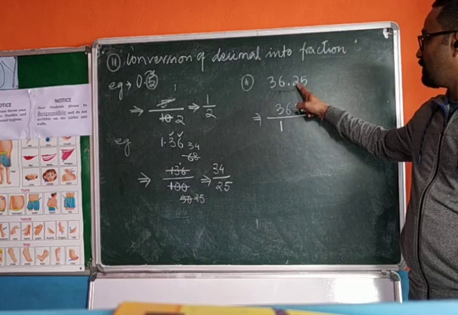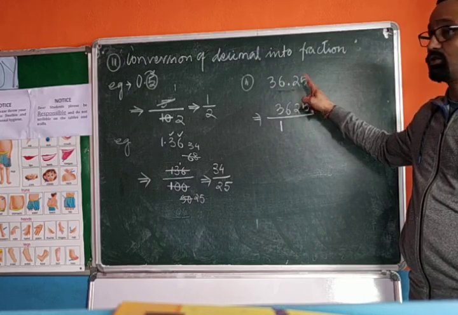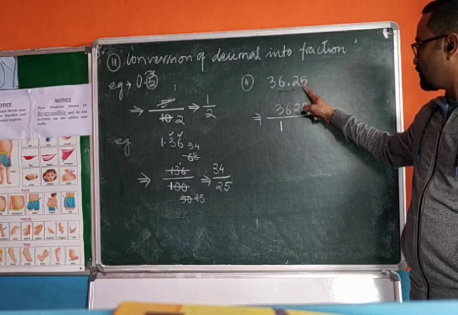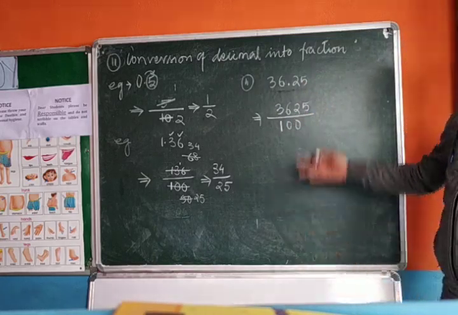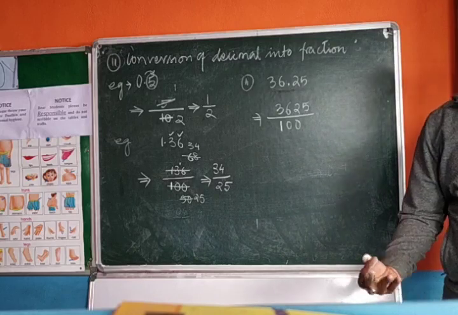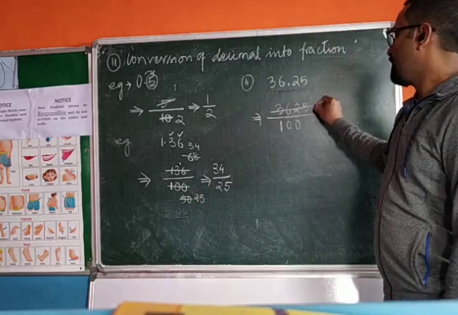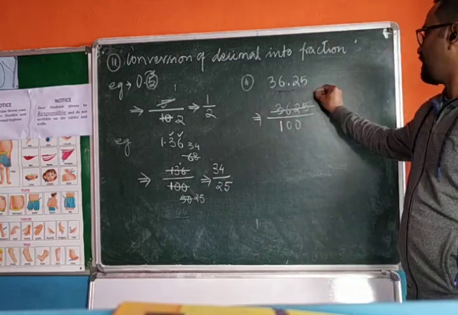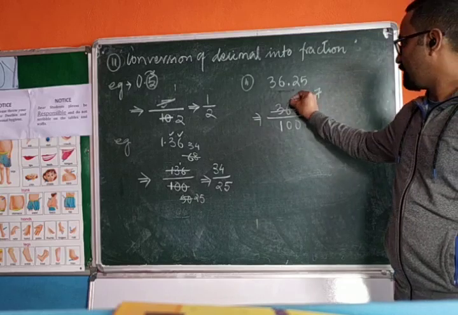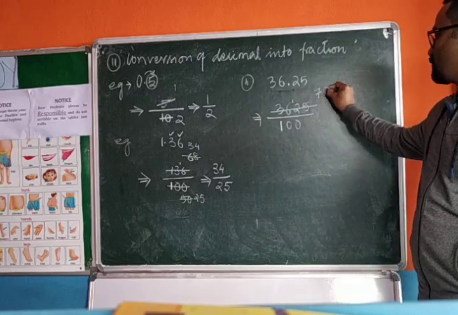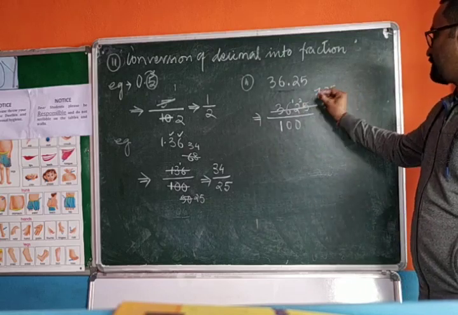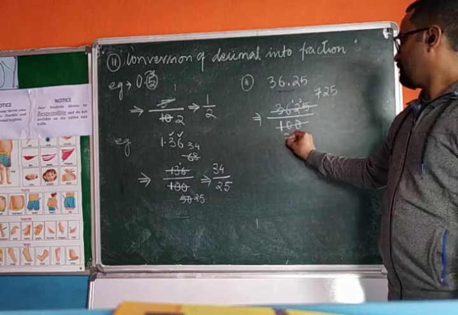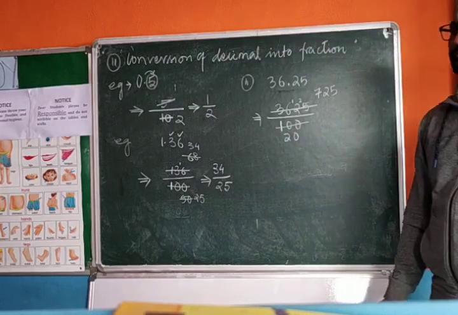After decimal, 1, 2 digit. You have to count 1 digit, 2 digit, 2 zeros. Now you can reduce it if it is divisible. Divisible by 5. 5 7 times 35, 1 is left. 5 2 times 10, 2 is left. 5 5 25. 5 2 times 0.